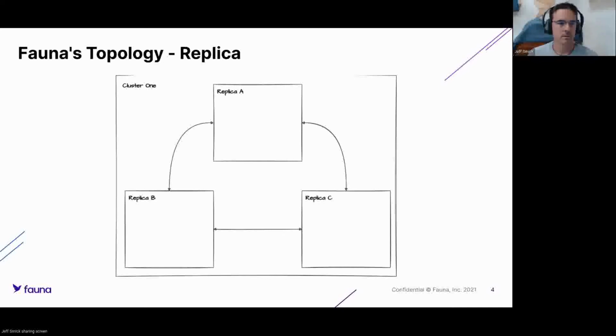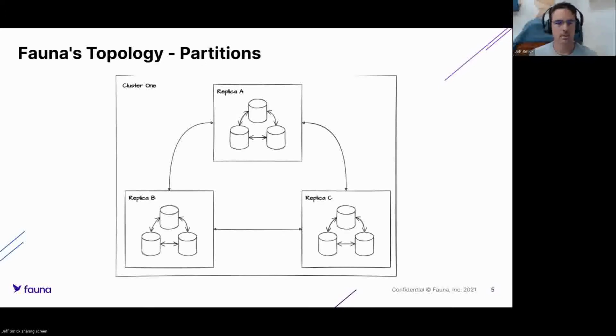Then within each replica, we split the data into multiple partitions, and each partition holds a part of the replica's data. This allows us to provide fault tolerance all the way down to the node level.